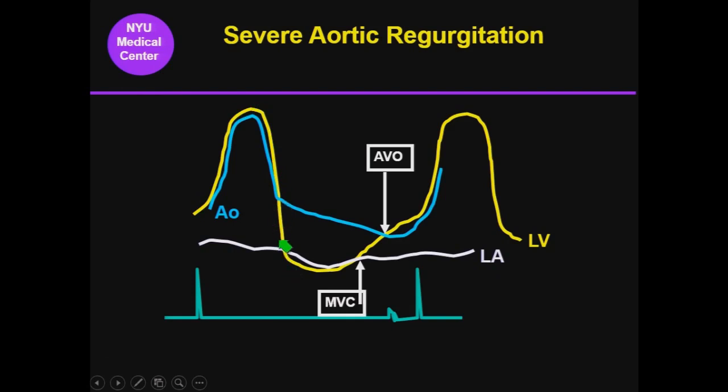And if you have severe aortic insufficiency, in diastole the left ventricular pressure rises fast, and it rises above left atrial pressure, and at this particular point we have premature mitral valve closure.